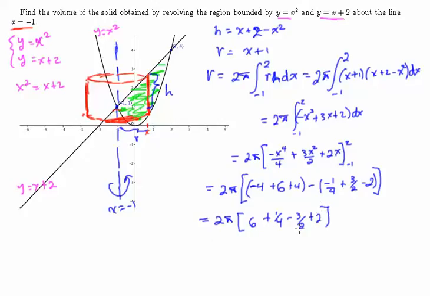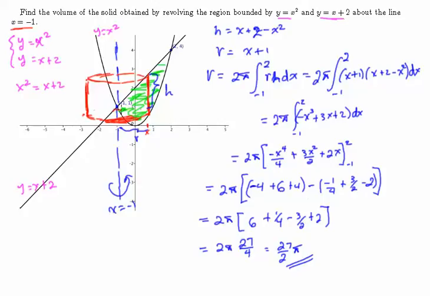If you take the common denominator of 4 and add it up, you end up getting 27 over 4, if my calculation is right. So that gives you 27 over 2 pi. The 2, I cancelled it. That gives me 27 over 2 pi, and that's the volume of my solid.